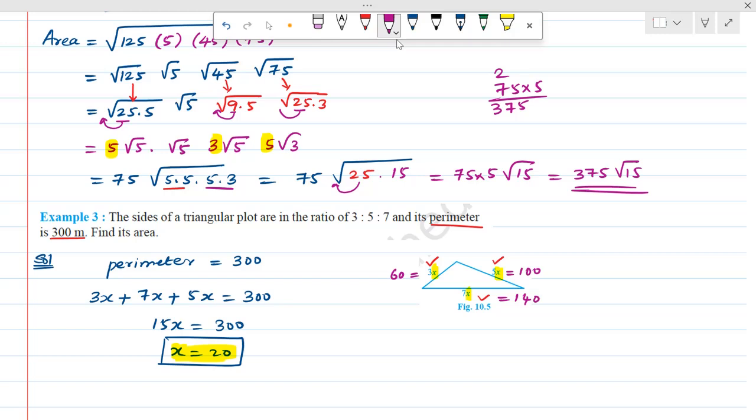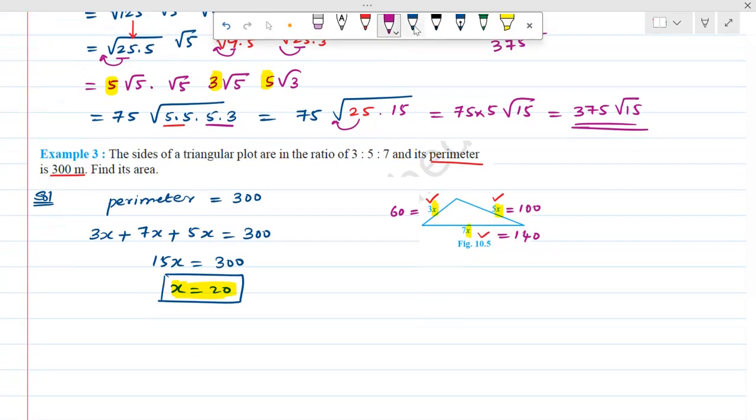Thereafter, it is the same story we have to repeat again. First you have to calculate the s. S is nothing but a plus b plus c divided by 2, or we can say the semi perimeter. There are two methods, as I told before. It is 300, the perimeter, divided by 2, it is 150.